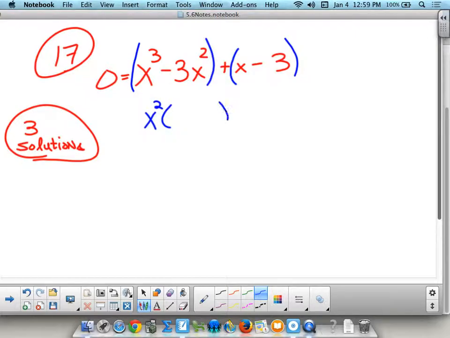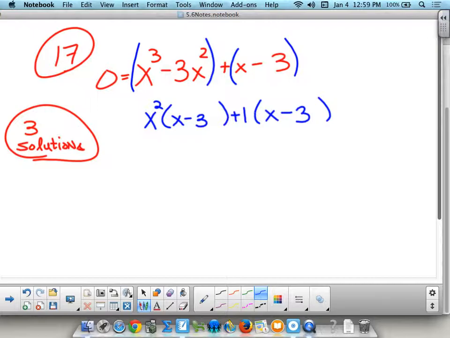Okay. You get x minus 3 plus. What are you going to factor out of an x minus 3? They share 1. Take out a 1. What's left?